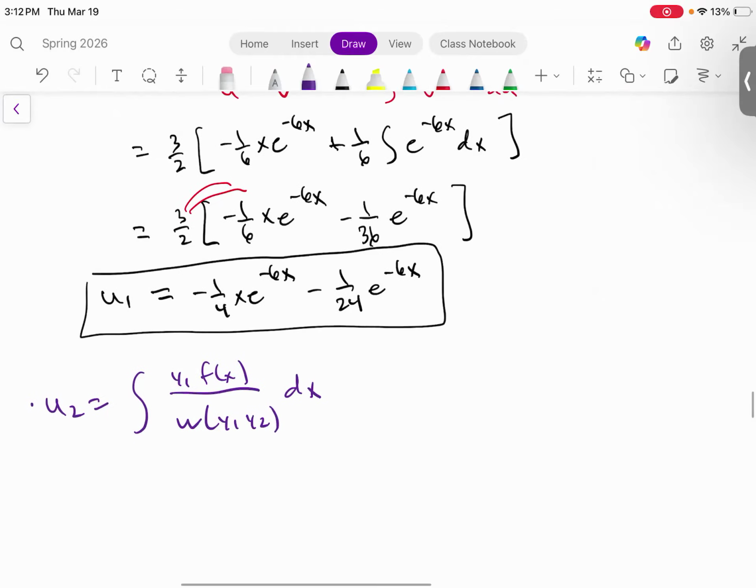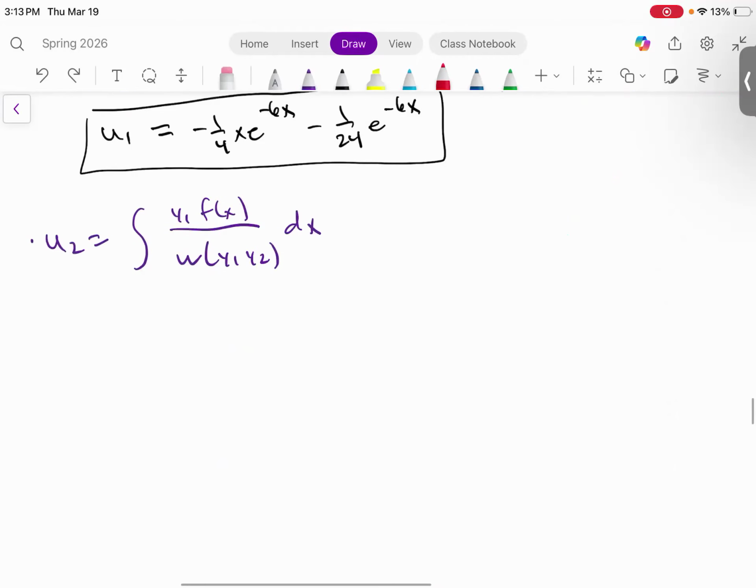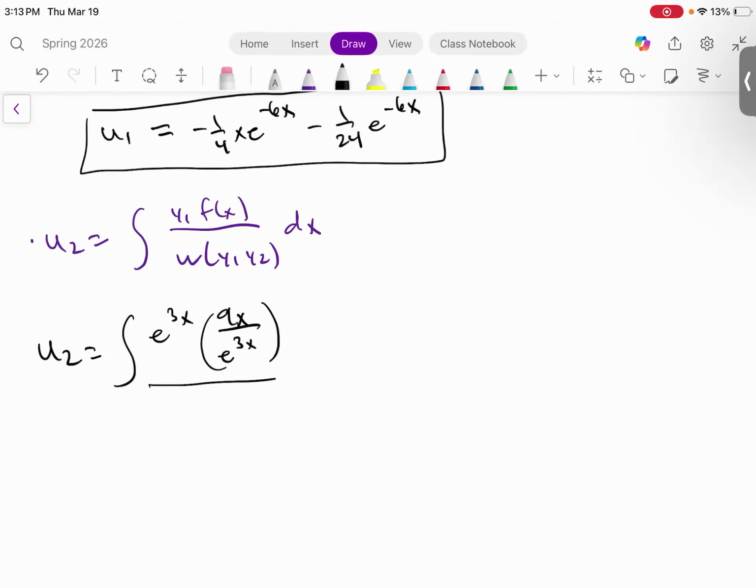So y1 is e to the 3x. Okay, so let's input what we know. So this would be e to the 3x times our input function 9x over e to the 3x, all over our Wronskian negative 6. And once you look at that, this is just canceling out.